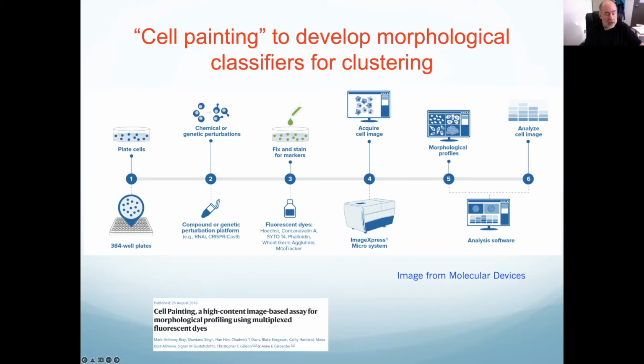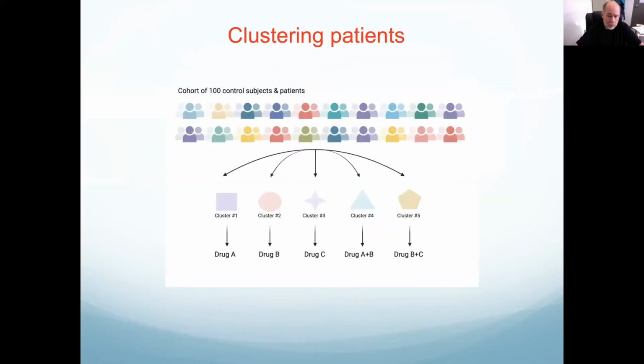Combined with our imaging for signaling, we think we can get a lot of high content morphological information that can be combined with signaling information, with the ultimate goal of being able to cluster patients into groups. So maybe we can make predictions about which drugs, and I'll come back to this, might be better for an individual patient, or which combinations of drugs might be better. You think we do that now, but we don't really.